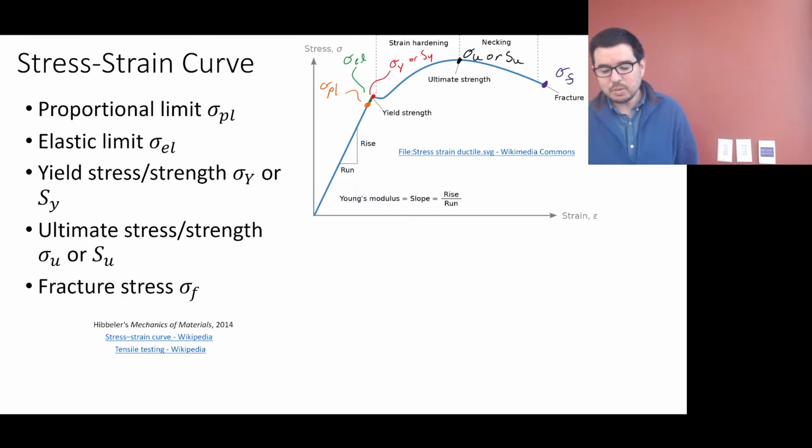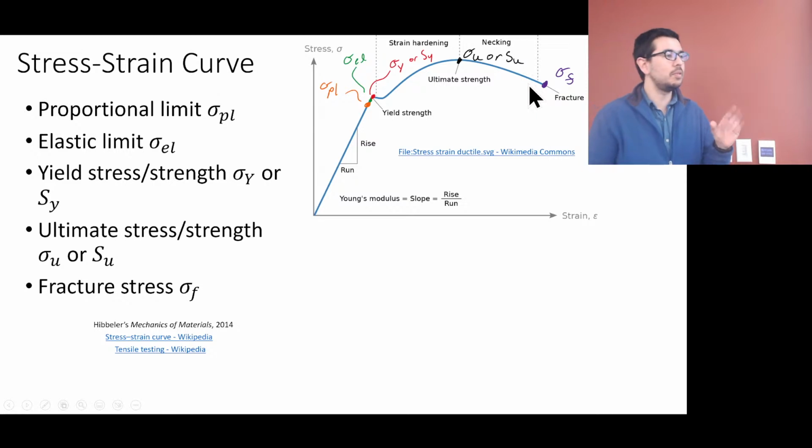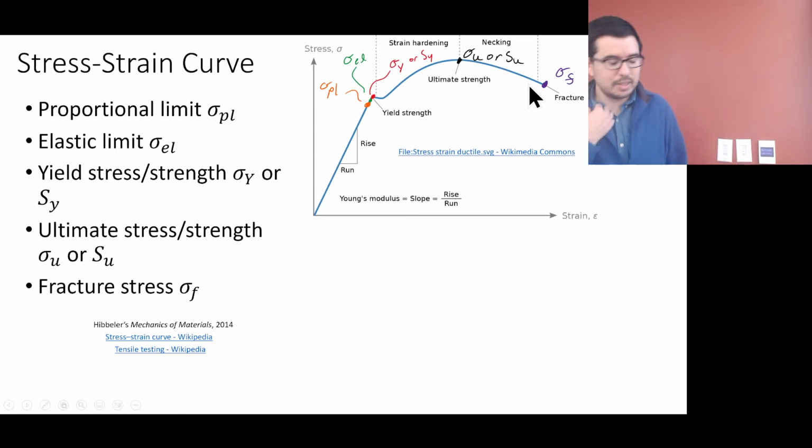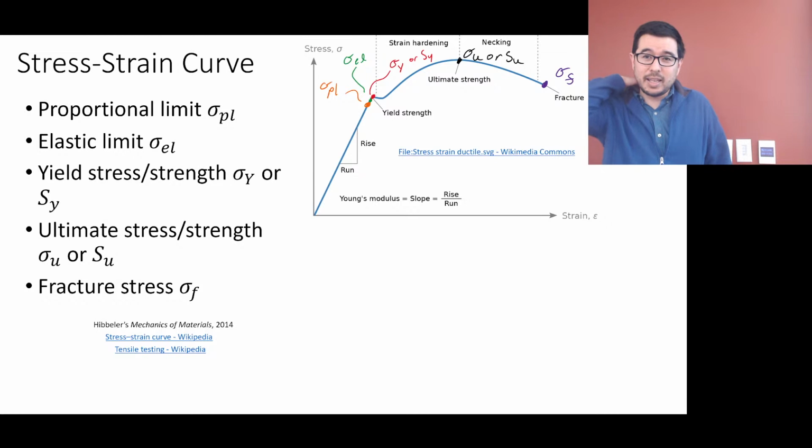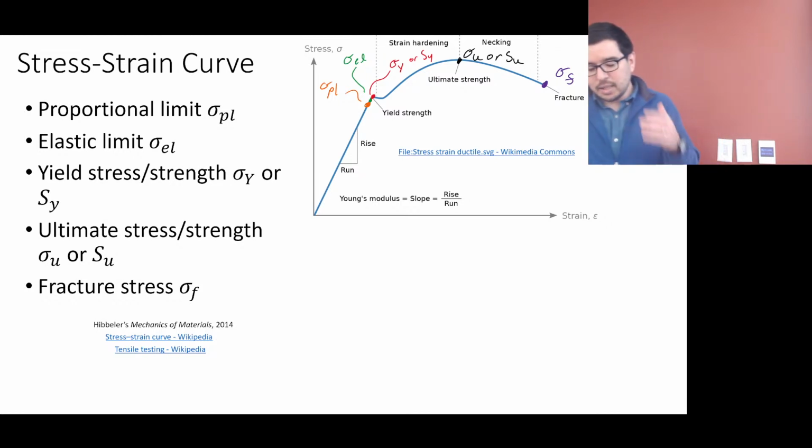And then the last one is the fracture stress, sigma F. This is where we've gone beyond necking, which we'll show in more detail. I'll probably talk more about that on Friday, if I have time. That's when you break, when you rupture. That's it.